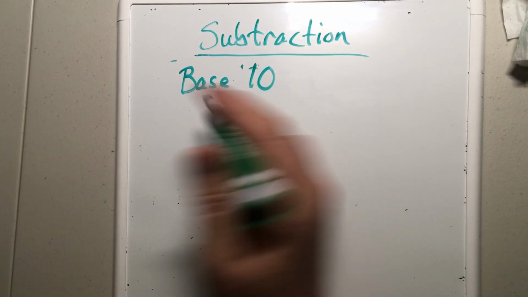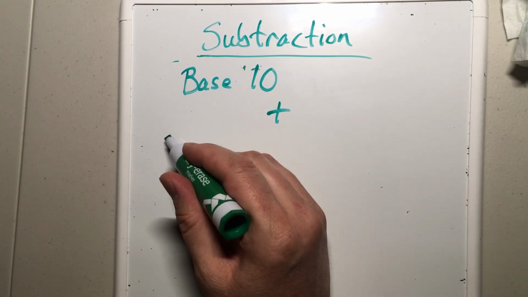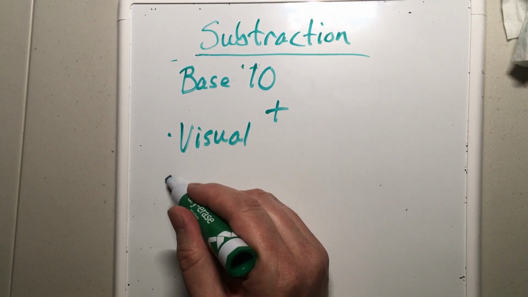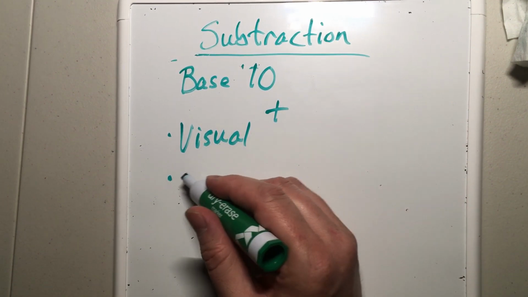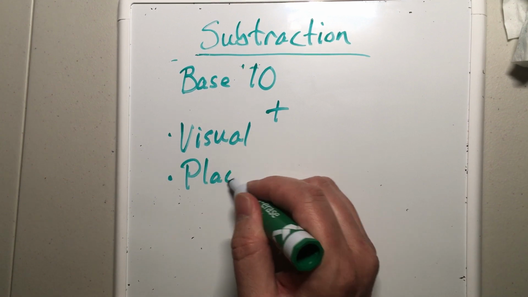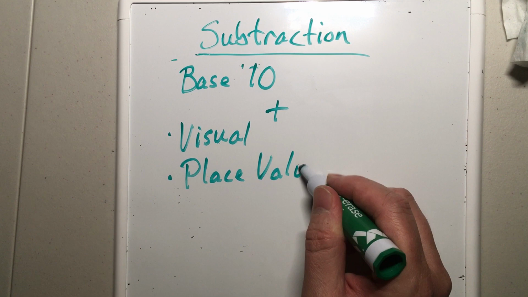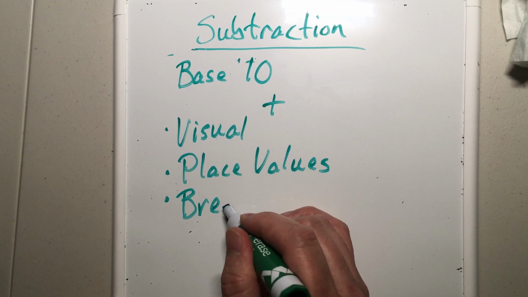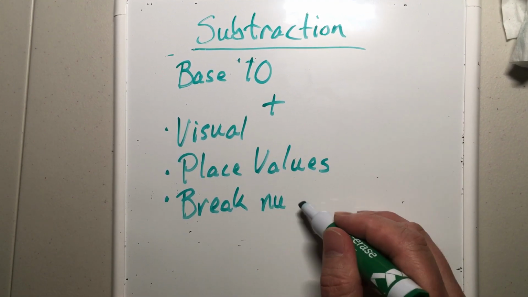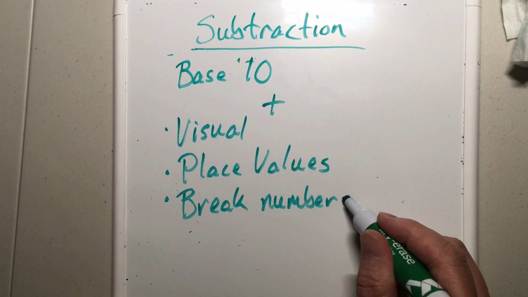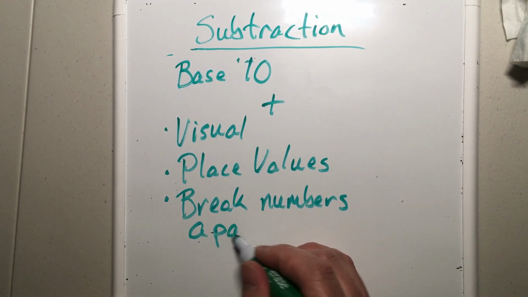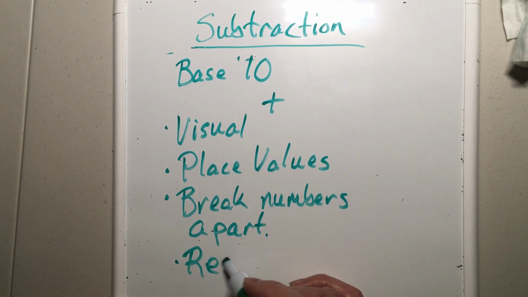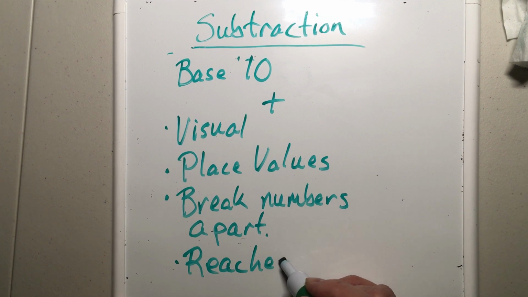Some things that I like about it, some pluses, are that, of course, it's visual. It also is good for place values. Breaking numbers apart is also good. And it also reaches all levels of learners. That's important. As a teacher, you want to do that.